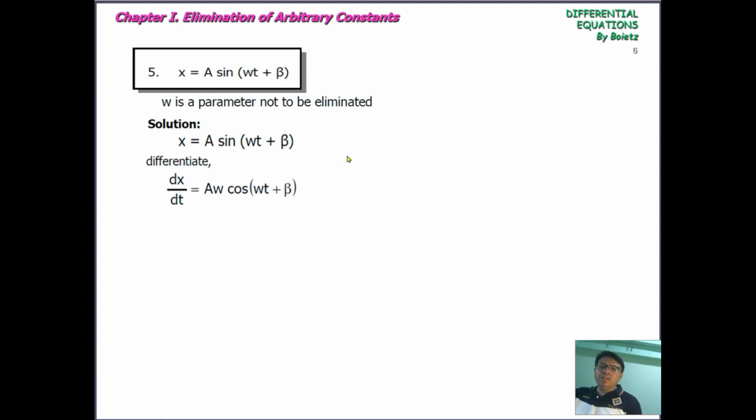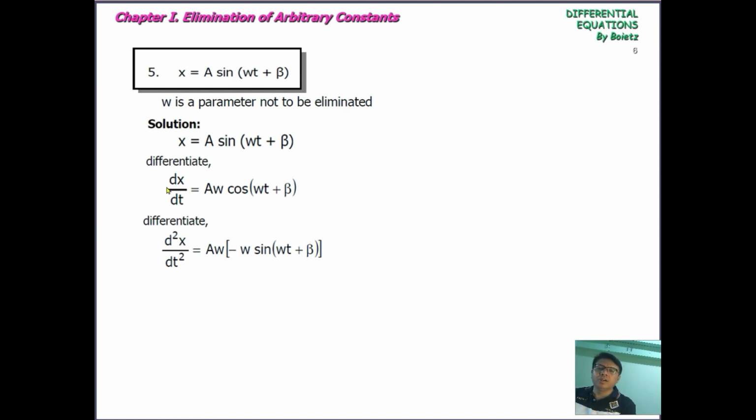Okay? So again, we have two arbitrary constants. So we will differentiate this twice. So differentiate it again. So this one is cosine. Ang derivative ng cosine u is negative sine u du. Ang mangyayari dito is the second derivative of x with respect to t.